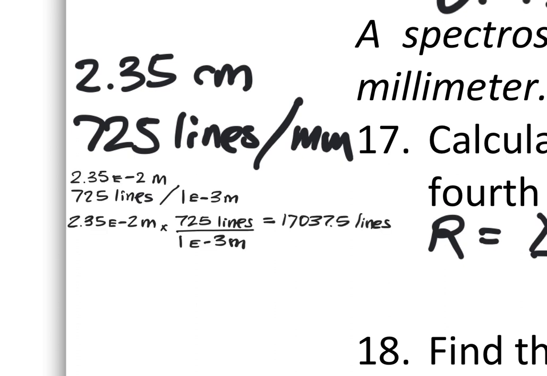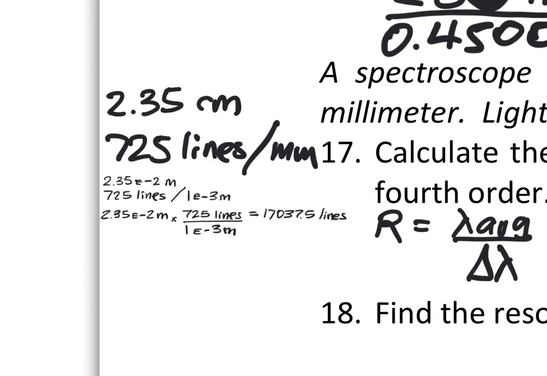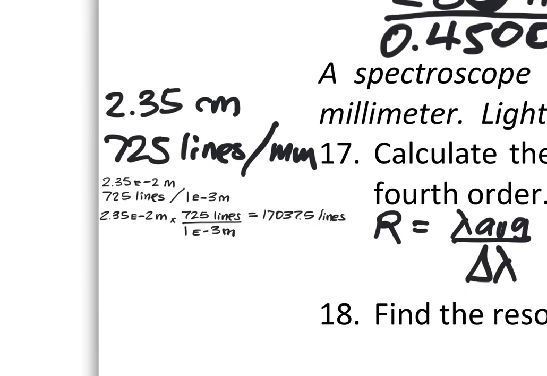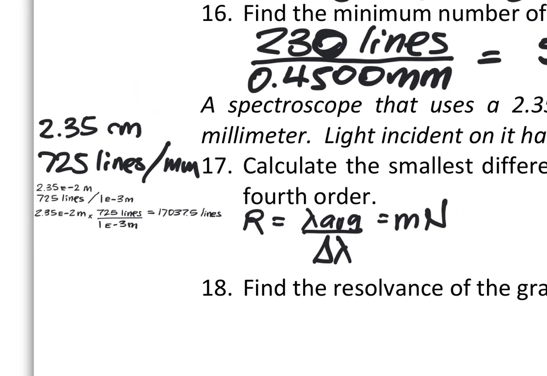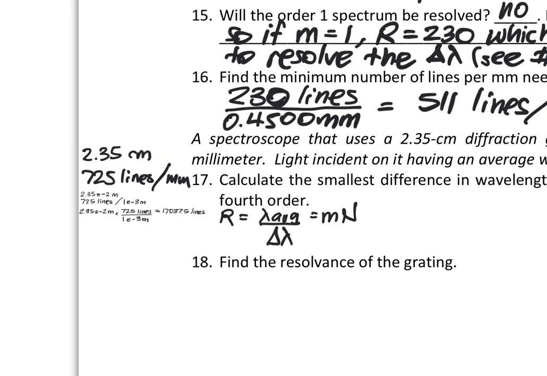So 17,037.5 lines. I'm going to round that to the nearest line. As it is 725 lines per millimeter, I should probably just round it to 3 significant figures, but I'll round at the end. There's no such thing as half a line, so at least I'll round it to the nearest whole number.